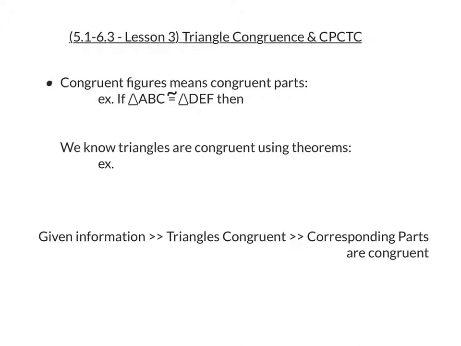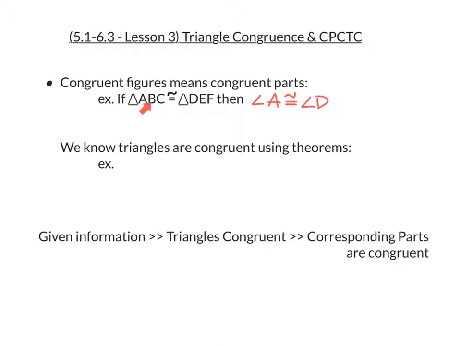Congruent figures means we have congruent parts, and what we mean by that is corresponding parts are congruent. You all learned when you did your IXL that it made a difference in the order that you stated things, because it listed things correspondingly. So for example, this triangle congruence statement could tell us that angle A is congruent to angle D, because they're in corresponding spots.